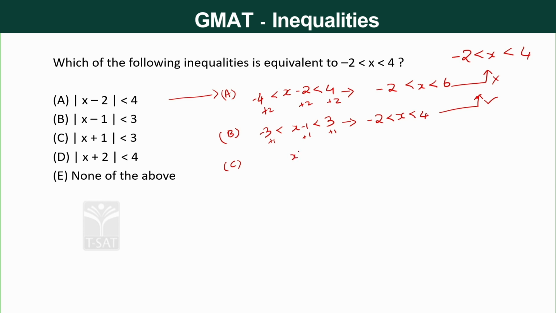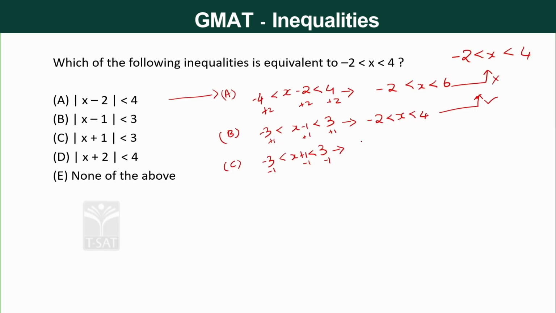Option C, |x + 1| < 3, that means that x + 1 is between 3 and -3. Subtracting 1 on all 3 sides, the inequality remains the same. When you add or subtract either a positive or a negative quantity, the inequality sign remains the same. Only when you multiply or divide, the inequality changes or remains depending upon whether the number that you are dividing or multiplying with is positive or negative.